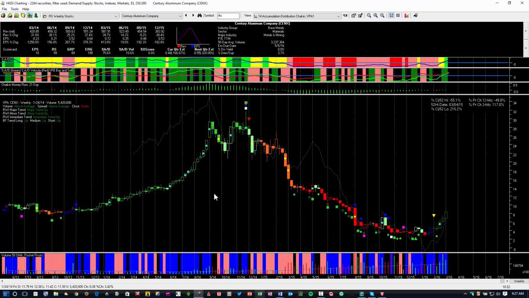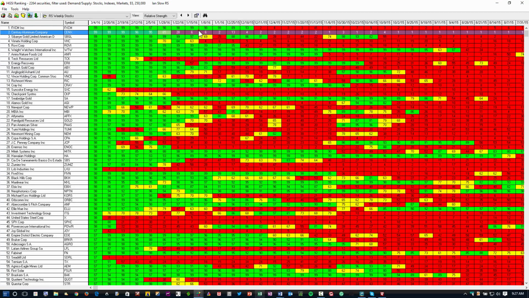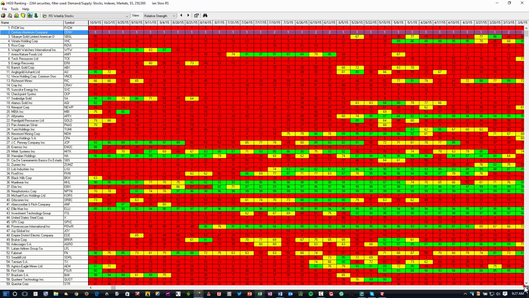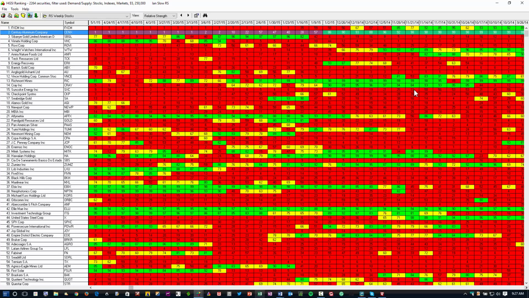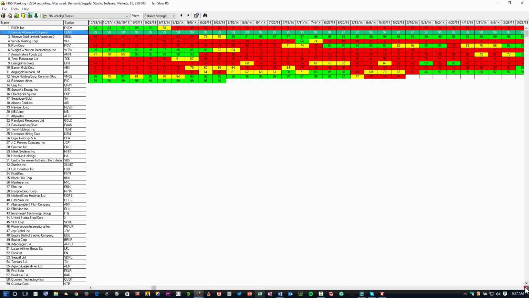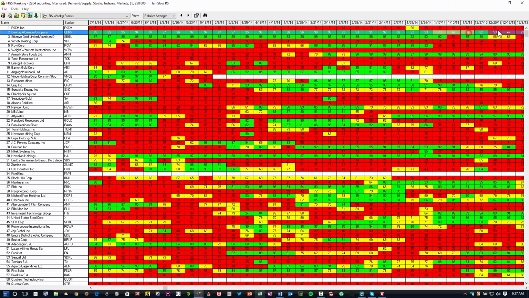Before I talk about this relative strength, let's go to January of 14. And I'll go to my ranking module, and I'll just scroll back to January of 14. I am using a custom date on here so I can go all the way back. Okay, here we go.